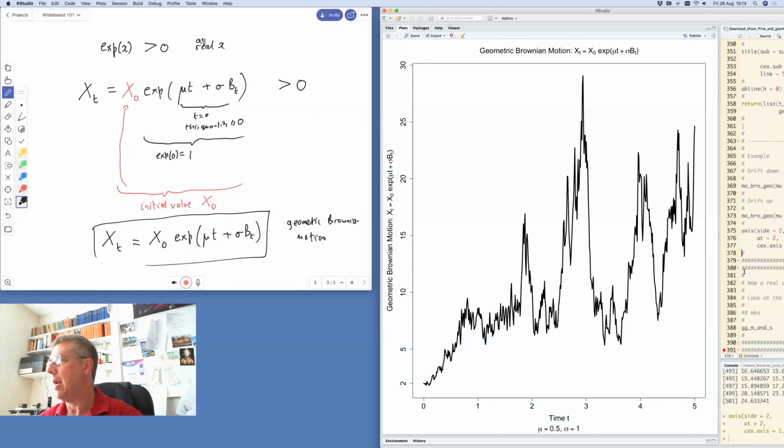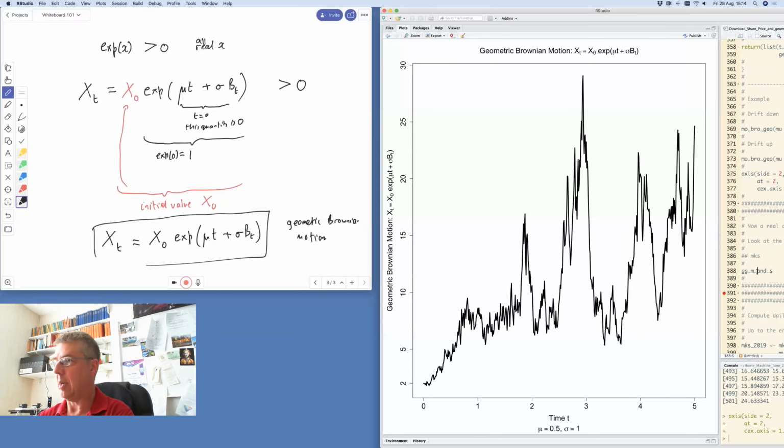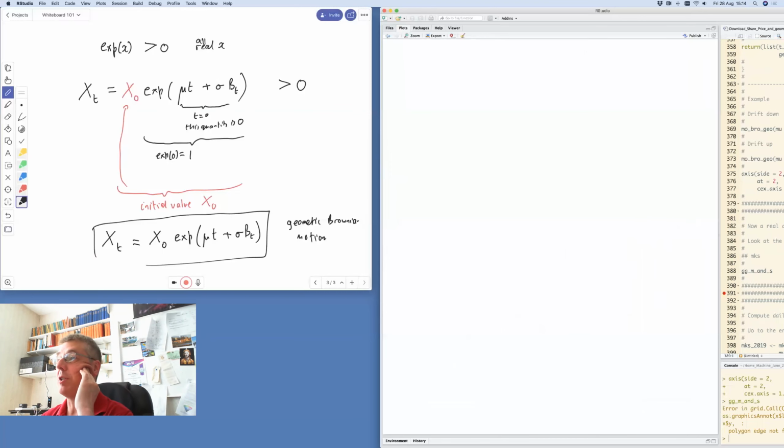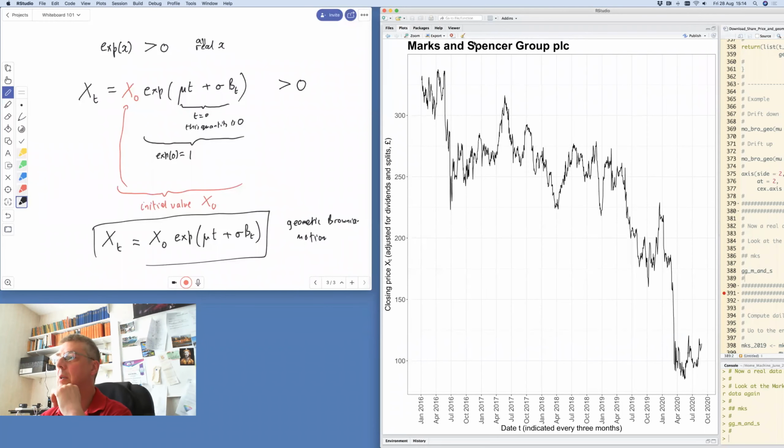Now, let's go back and look at our real data. So here we have the real data that we saw before, the Marks and Spencer's share price.